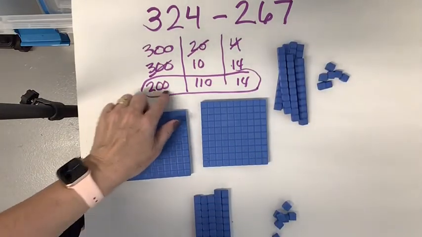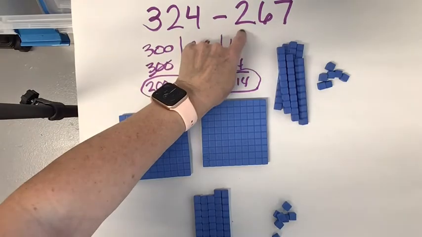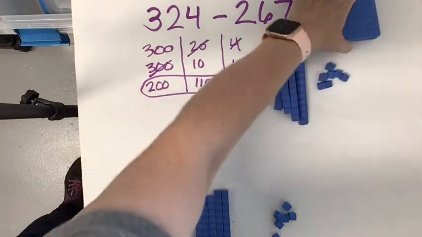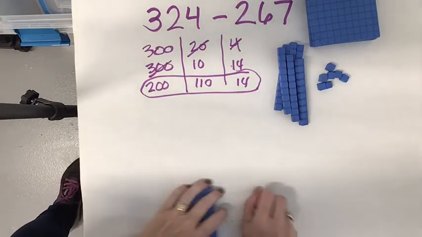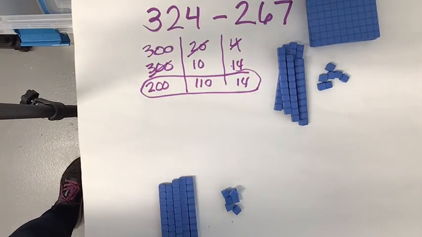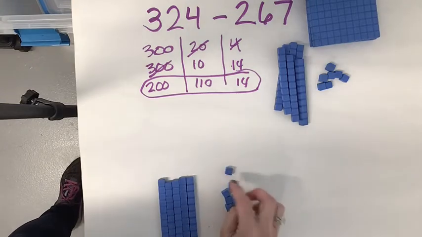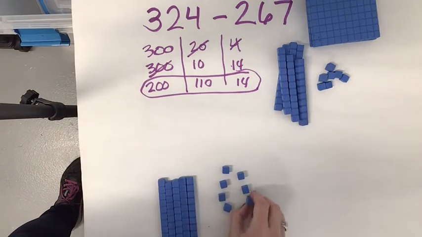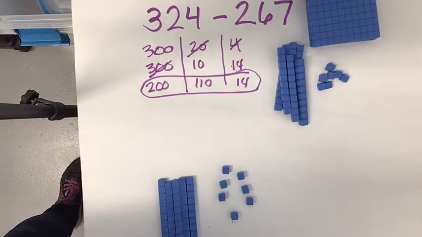If I have 200s and I need to separate 200s, can I do that? Yes. 200s separated. Now, this is what I'm left with for an answer of 10, 20, 30, 40, 50, 51, 52, 53, 54, 55, 56, 57 is my answer.